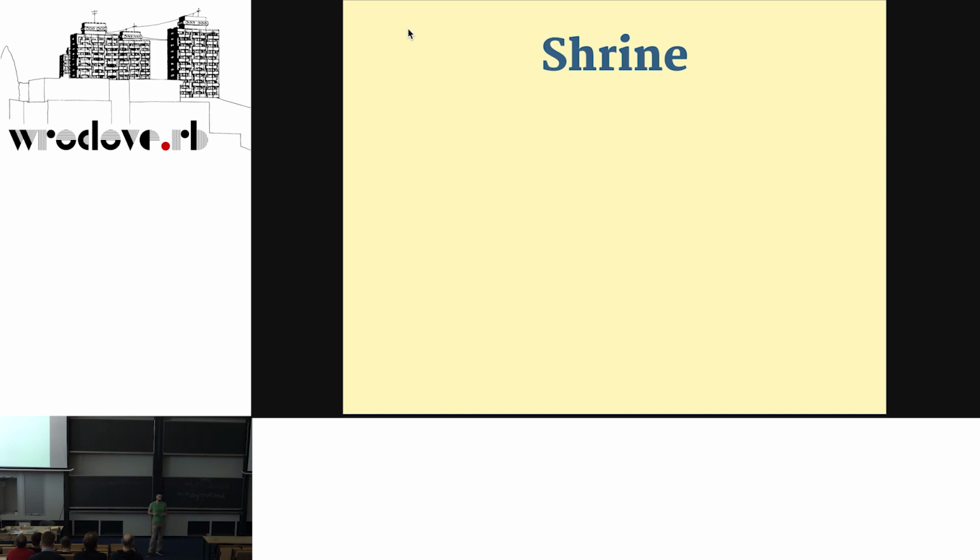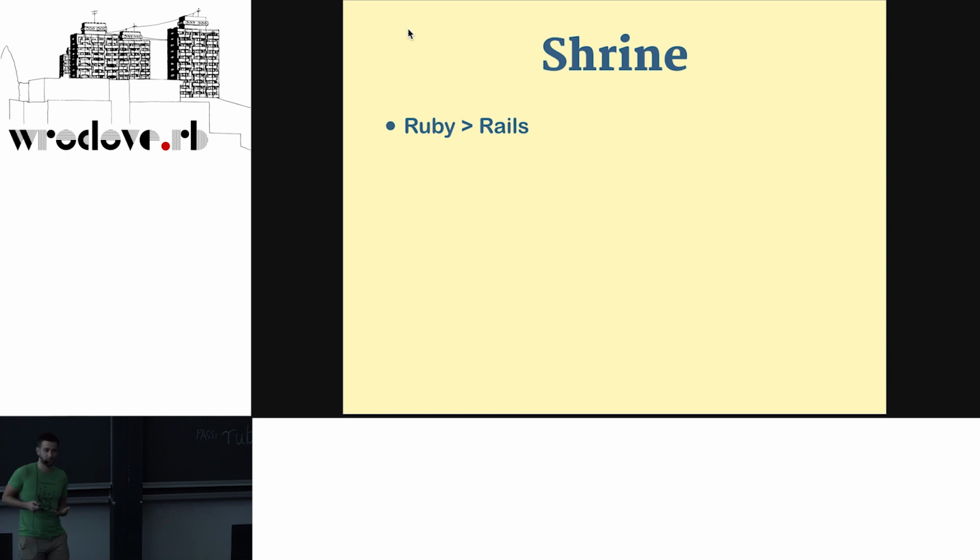So some of the philosophies that I had when building Shrine was that I wanted it to work for any Ruby application. This is because I really enjoy working with other Ruby web frameworks, and I have been doing so for the past few years.